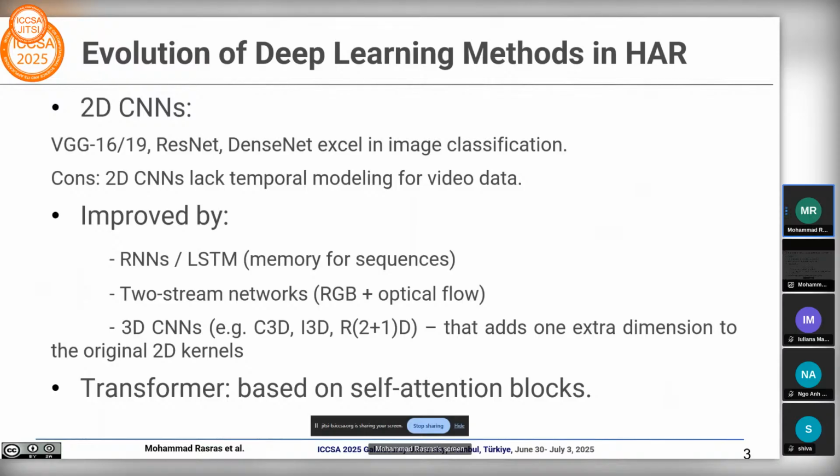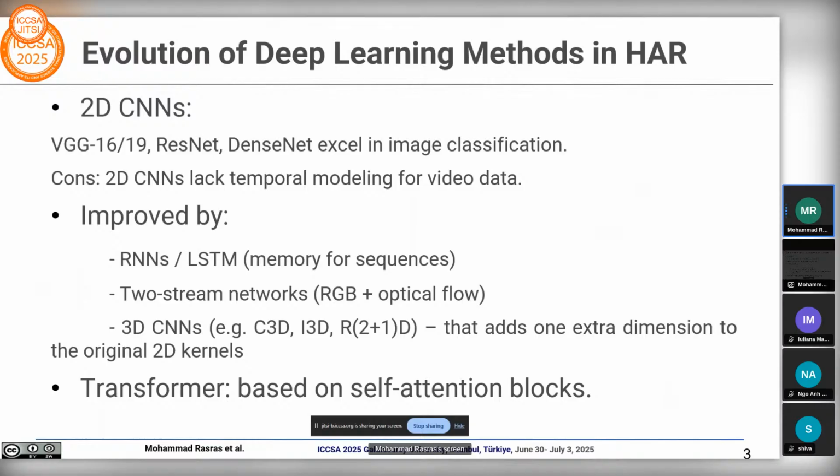Finally, they added one more dimension to the 2D CNN to form 3D CNNs, such as C3D, I3D and R(2+1)D, which we will be focusing on. That adds one extra dimension to the original 2D kernels. Surprisingly, all of those work fine, and they improved the accuracy much better than the original 2D CNN.